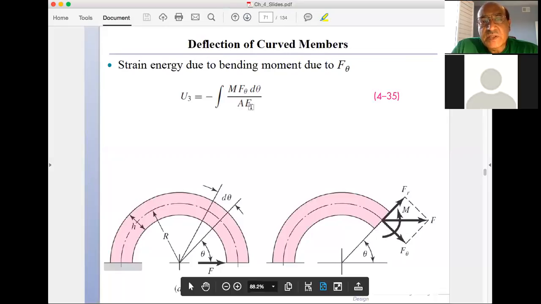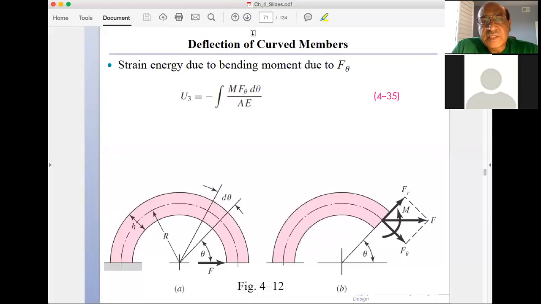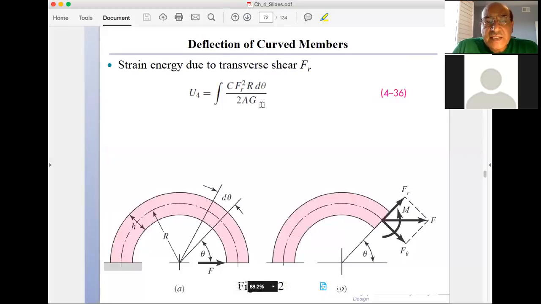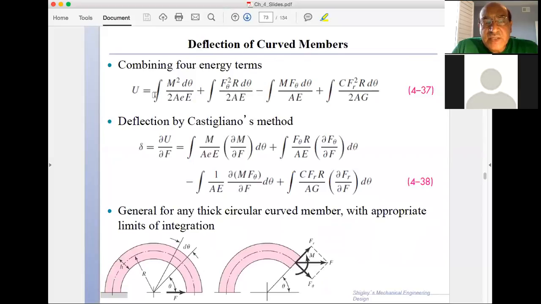So these two contributions have to be together. And then the last contribution is the shear. So you have the shear contribution here, and instead of the elastic modulus, we have the shear modulus downstairs. So in summary, it's a bookkeeping process where you have the elastic energy as these four contributions.